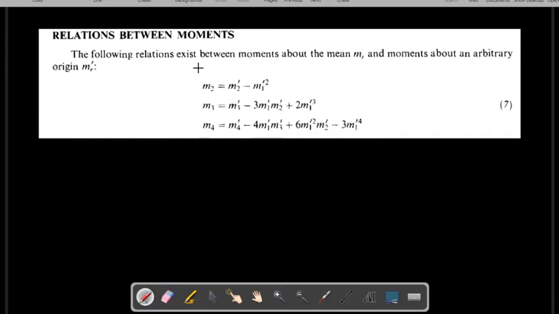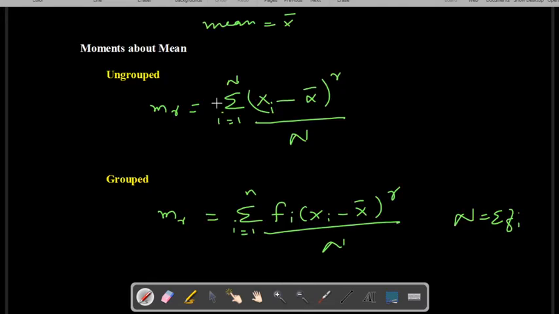First, m1. What is m1? By the formula, raised to r will become 1, correct?